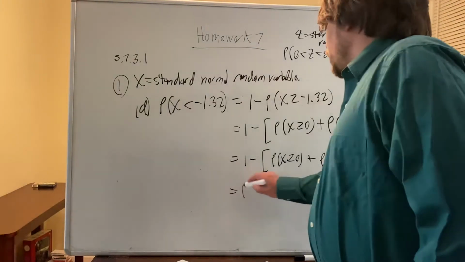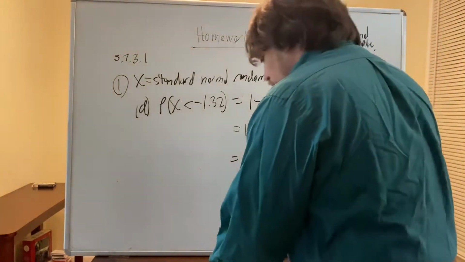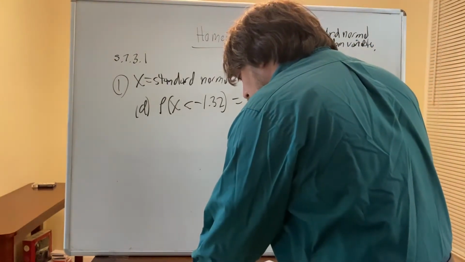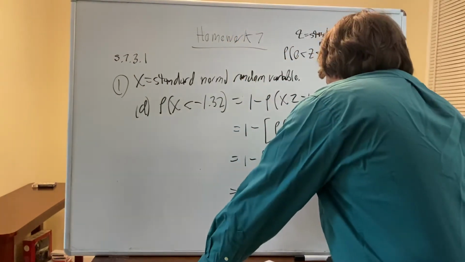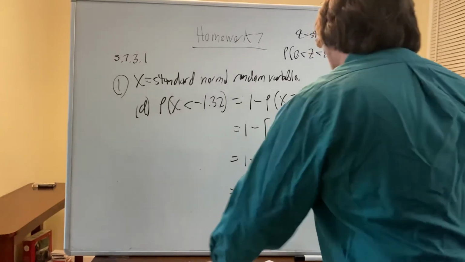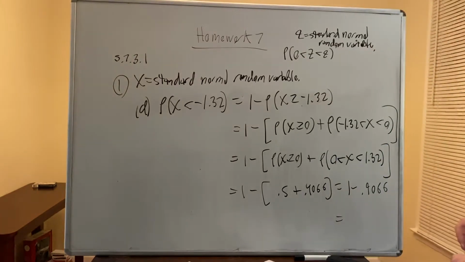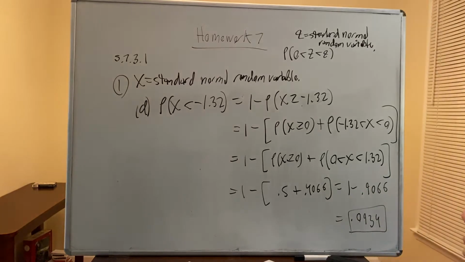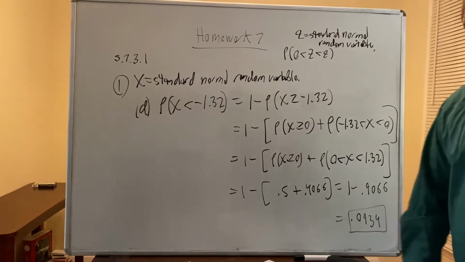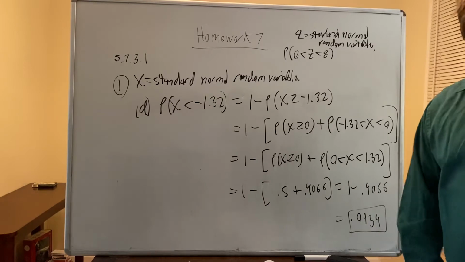And so this is equal to 1 minus the quantity 0.5 plus the probability of this, by the table at 1.3 and then 0.02, 1.32, 0.4066. Okay? And so this is 1 minus 0.9066. And so that's equal to 0.0934. The probability that x is less than negative 1.32 is 0.0934. Okay, and so that's part D of number 1.